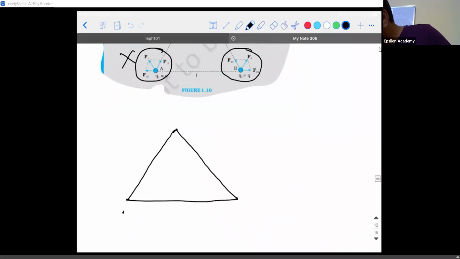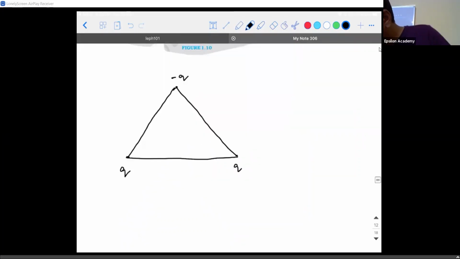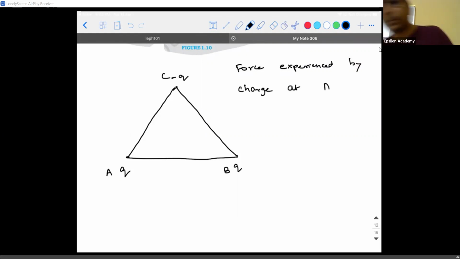So Q and Q are placed here, minus Q is placed here, and they have labeled these points as A, B and C. Okay. Now, I'm going to calculate the force experienced by the charge at A.